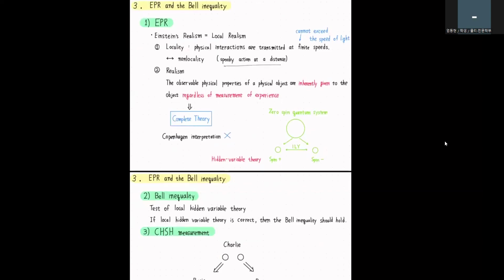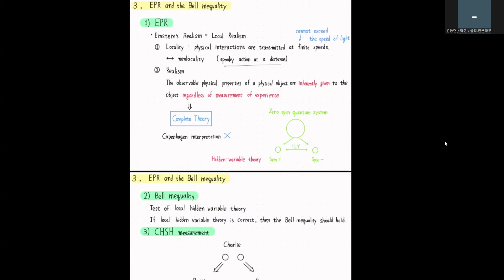It is also grounded in the philosophy of realism, which states that the observable physical properties of a physical object are inherently given to the object regardless of measurement or experience, which is in direct contradiction of quantum mechanics, which states that the properties of a quantum system are not determined prior to measurement, but instead the properties are manifested at the time of measurement, and that the state is uncertain.